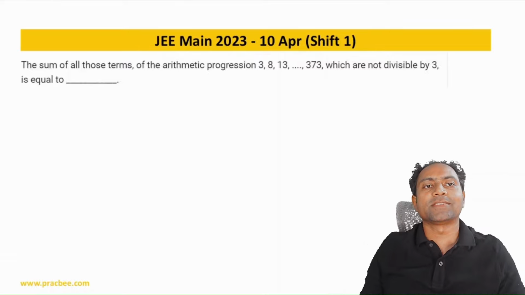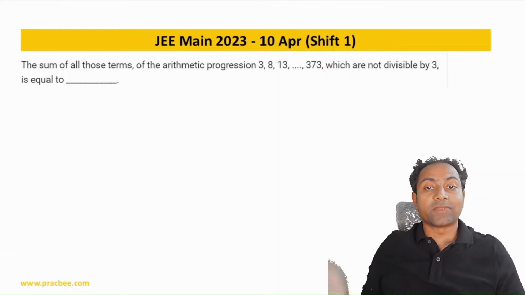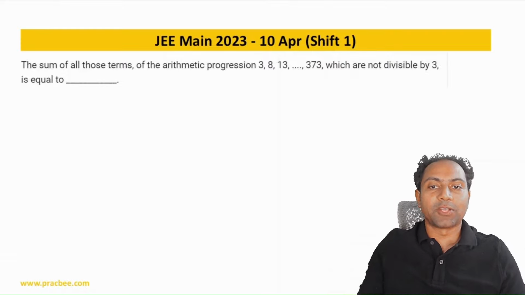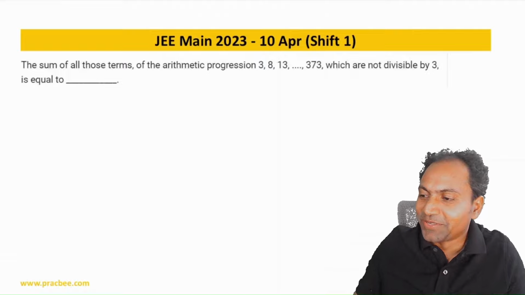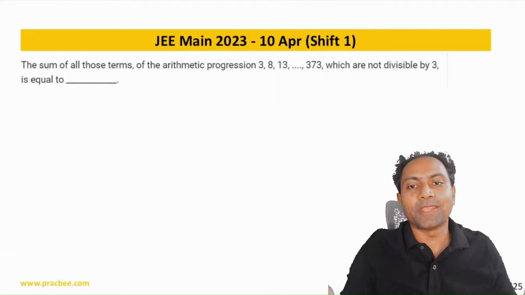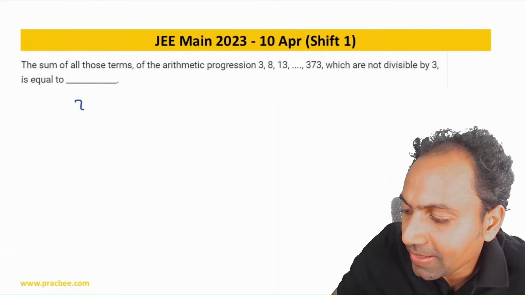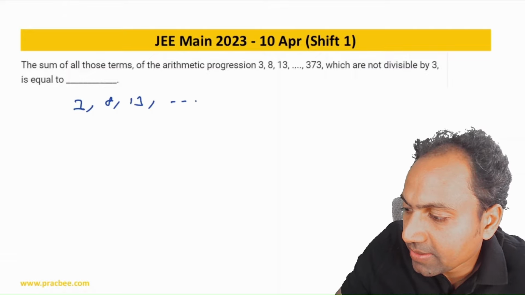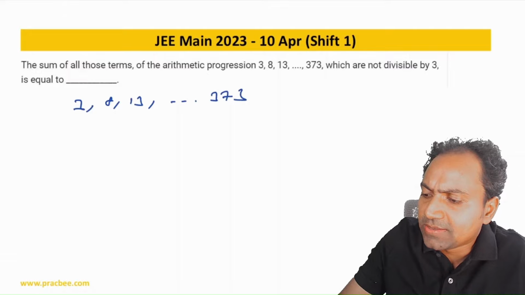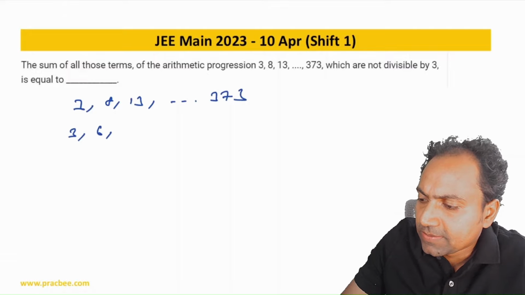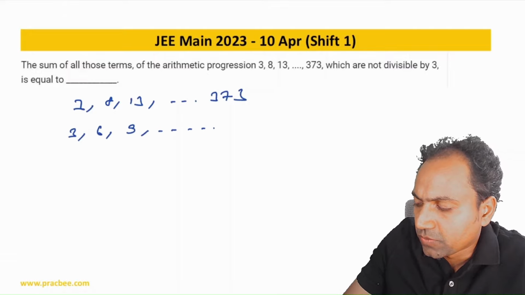Now, this next question works on a very interesting concept. What they're asking is, find the sum of all those terms of this AP which are not divisible by 3. This is very interesting. So we can use the concept of common AP to solve this question by writing our first series as 3, 8, 13 till 373, and another series as 3, 6, 9, so on and so forth.